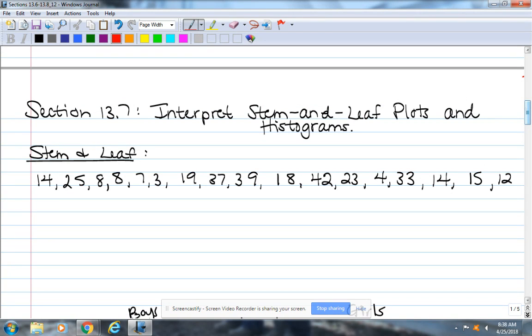All right, section 13.7, we're going to talk about stem and leaf plots and histograms. Stem and leaf plots and histograms. Does anybody remember what a stem and leaf plot looks like? Have y'all seen one before?